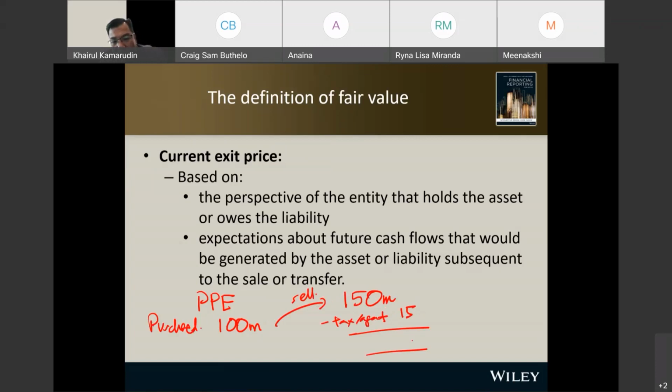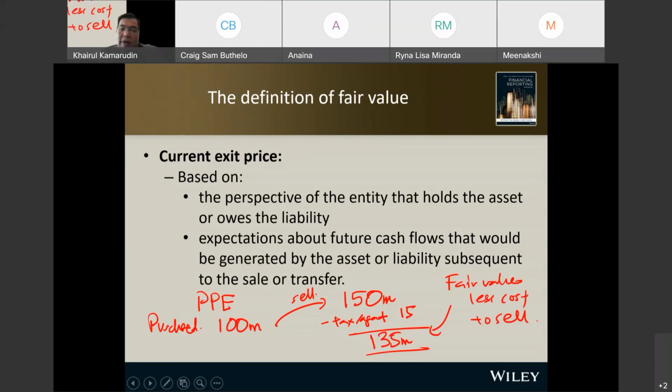So the fair value less cost to sell of that asset will be 135 million. So this is the amount that you should record in your financial statement.